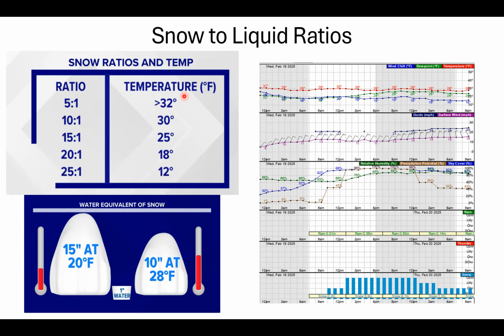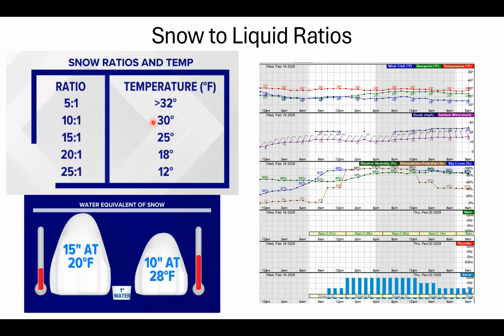You'll notice over here on the temperature scale in degrees Fahrenheit, the colder the temperatures get, the more we go down the scale, the higher the snow to liquid ratios are. For example, if we're right around 32 degrees, maybe slightly less, you generally have a 5 to 1 ratio: 5 inches of snow is equivalent to 1 inch of liquid water.